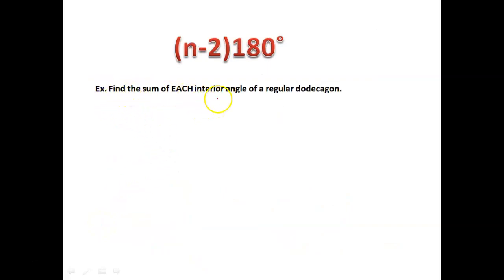Find the measure of each interior angle of a regular dodecagon. Okay, so first of all, they're asking for each interior angle of a regular dodecagon. Regular means that all of the angles are congruent, and a dodecagon has 12 sides. So n is going to equal 12. We know they are the same, so you're going to plug it into the formula. n is 12, minus 2, times 180. 10 times 180. 10 times 180 is 1800.